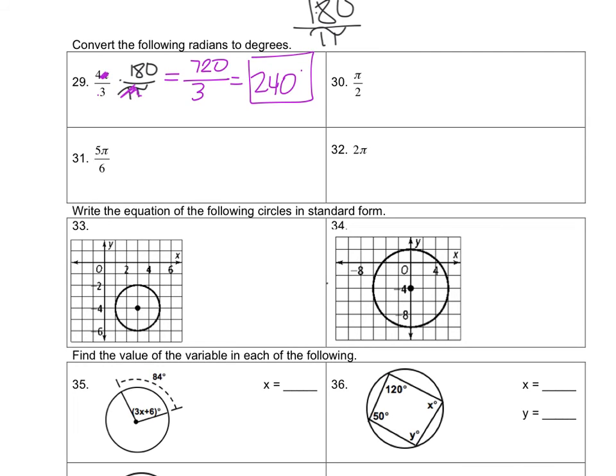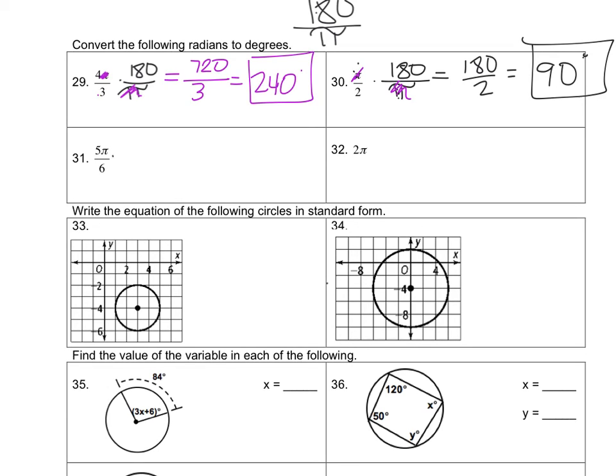I'm going to multiply by 180 divided by pi. Okay, our pi's are going to cancel, which is good. When I simplify that, when it cancels, it really changes into a 1. So I really have 180 on top divided by 2 on bottom, and 180 divided by 2 is 90, so 90 degrees.